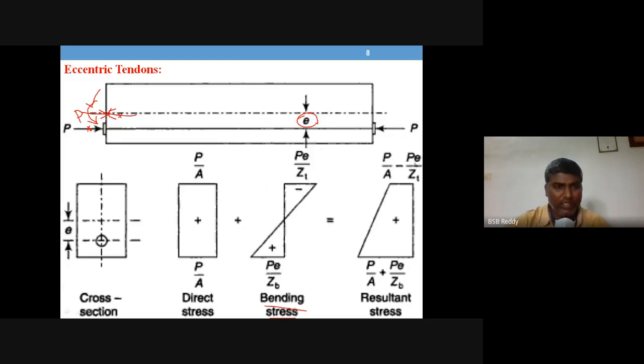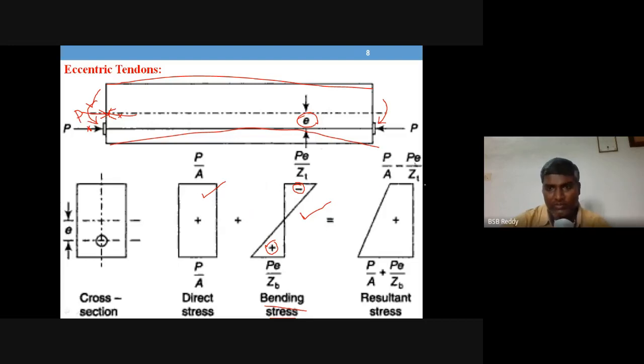When axial load acts, this is the stress diagram. When a bending moment acts on the cross section, this is the stress diagram, because it is going to bend the beam in a hogging manner. So top tension, which is negative, bottom compression, which is positive.